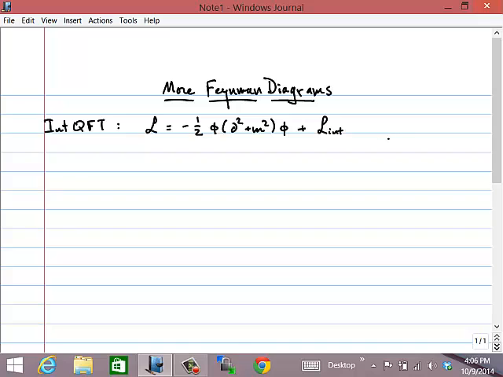Today, I'll just focus on the case where the interaction term is the simple phi cubed interaction that we had considered earlier. But of course, everything that I'm going to say will follow through with more complicated sets of interactions, say a phi cubed term, a phi fourth term, and so on and so forth.